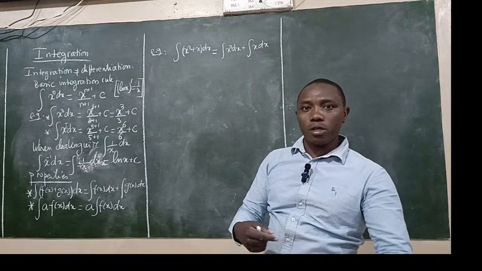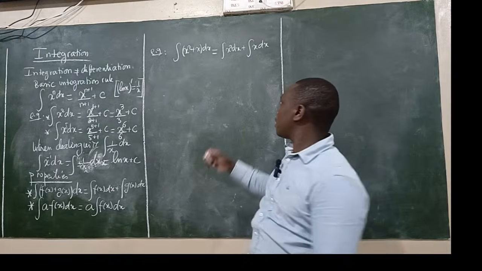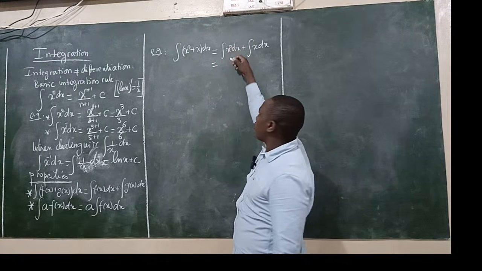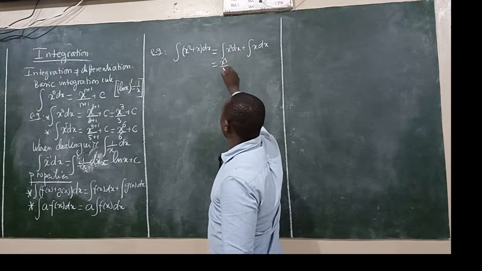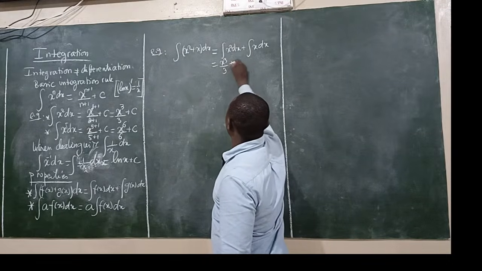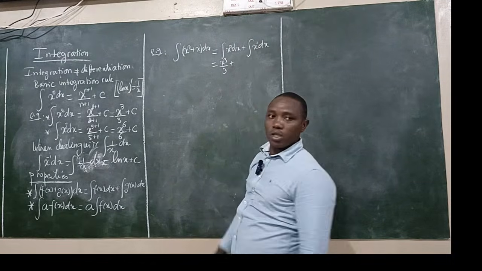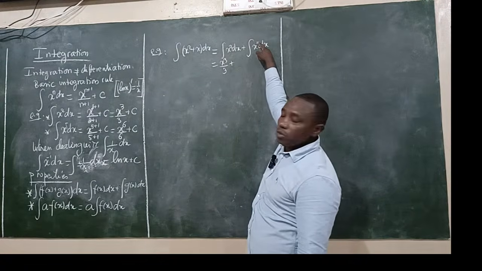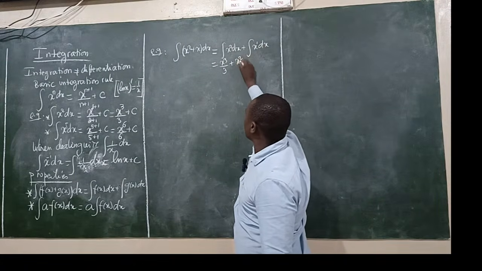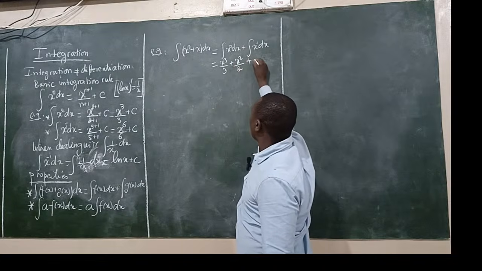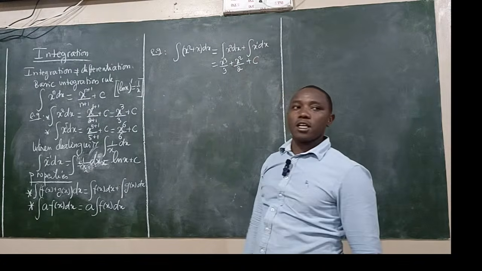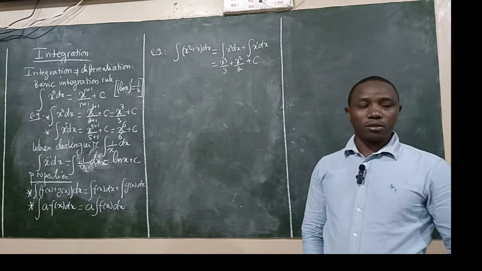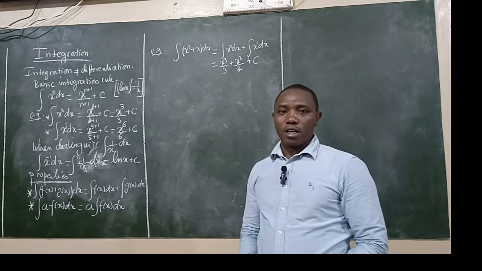Here, adding 1, we have x power 3 by 3 plus, here the power is assumed to be 1, so we add 1 to make it 2. Here is x squared over 2 plus a constant of integration. Hope this is clear as you see.